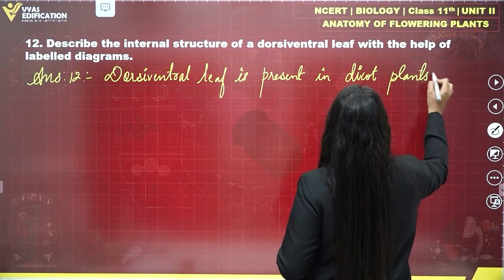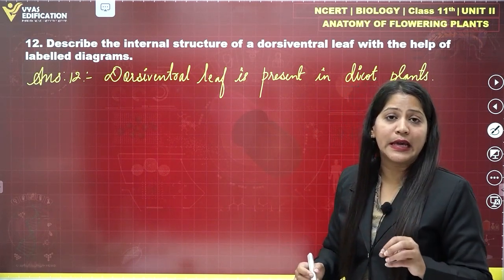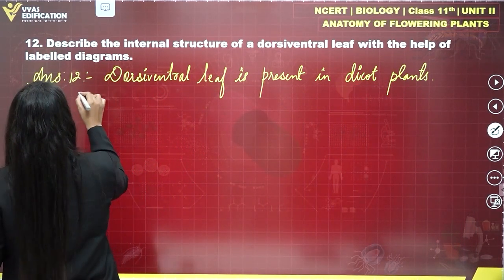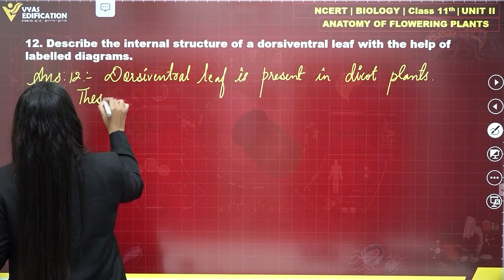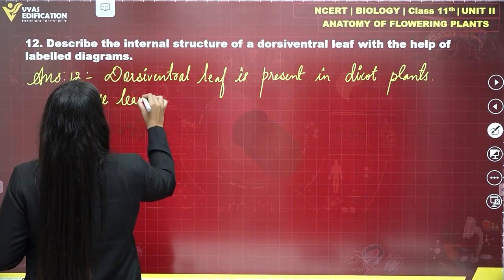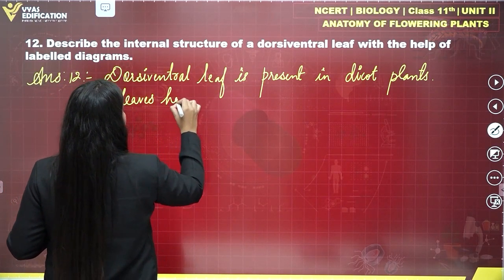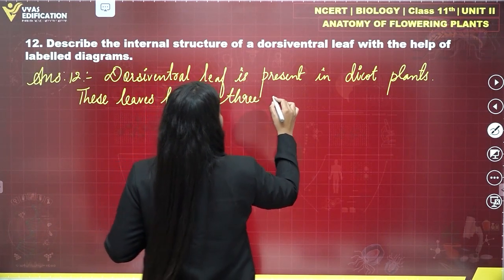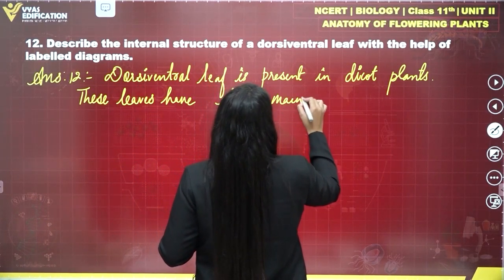You will find the dorsiventral leaves in dicot plants only. Now let's discuss the internal structure. These leaves have three components, three main components.